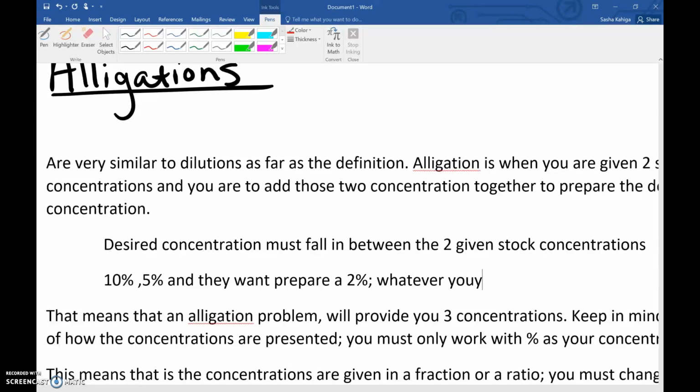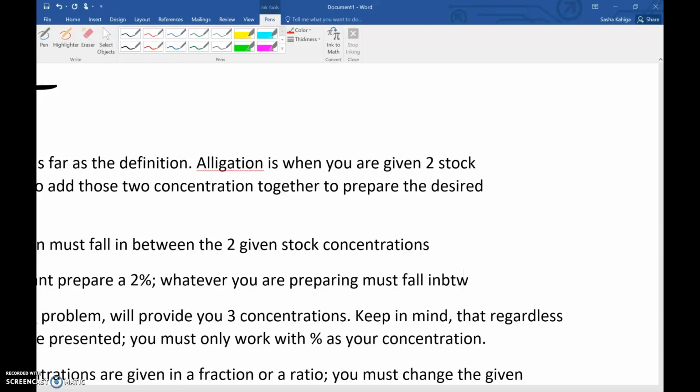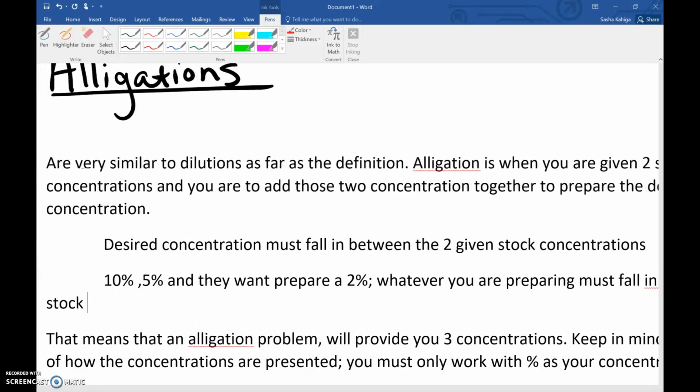Whatever you are preparing must fall in between the two stock concentrations.